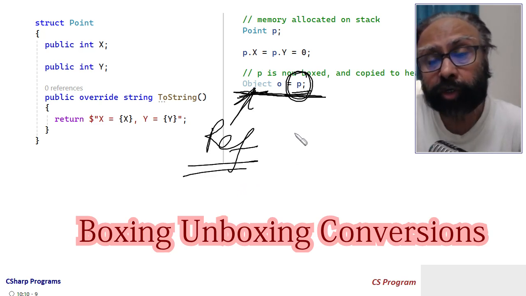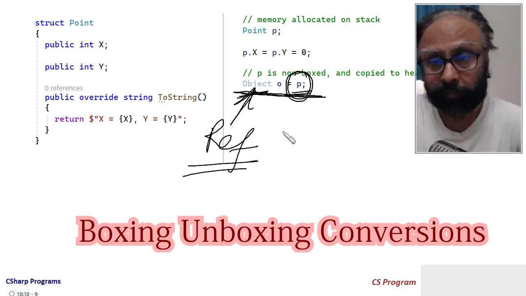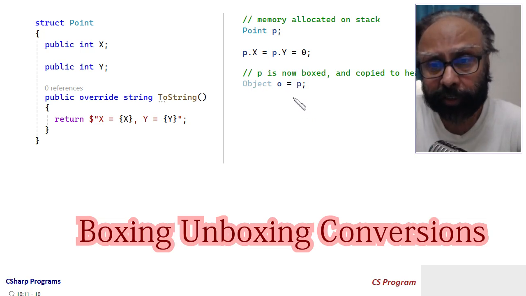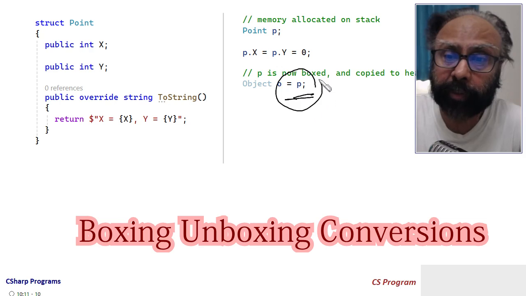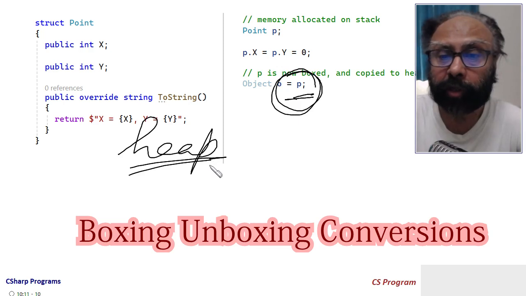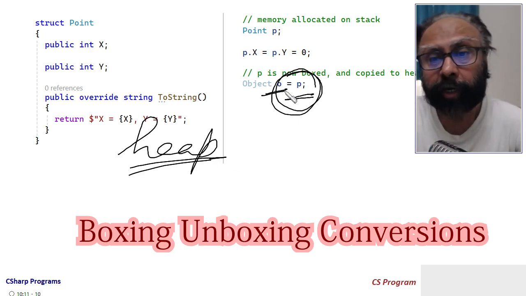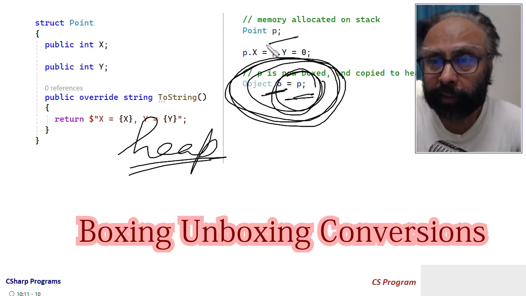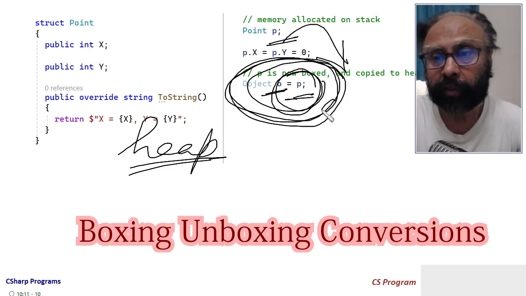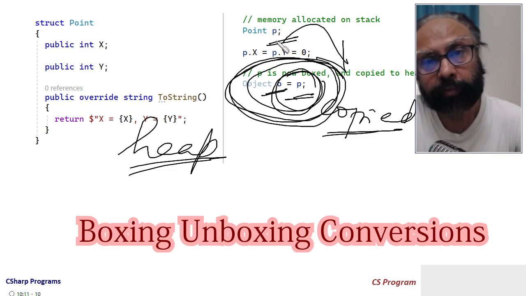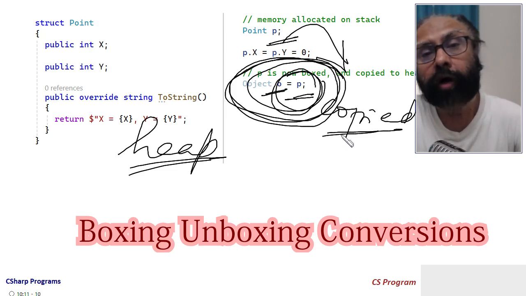Now the moment you create a reference for this struct p, this p is taken to the heap and memory is allocated on the heap. O will store an address of something on the heap, and because of this conversion, this simple looking code actually copies the data inside this p to a new object.